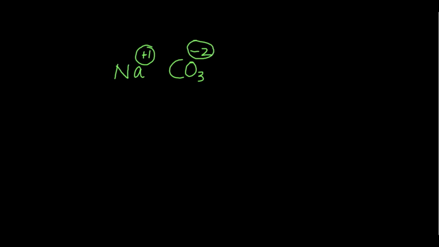Now, while writing the formula for sodium carbonate, these valencies will be crossed. Minus 2 will be written here while plus 1 will be written here. So the formula of sodium carbonate becomes Na2CO3. This is the chemical formula for sodium carbonate.